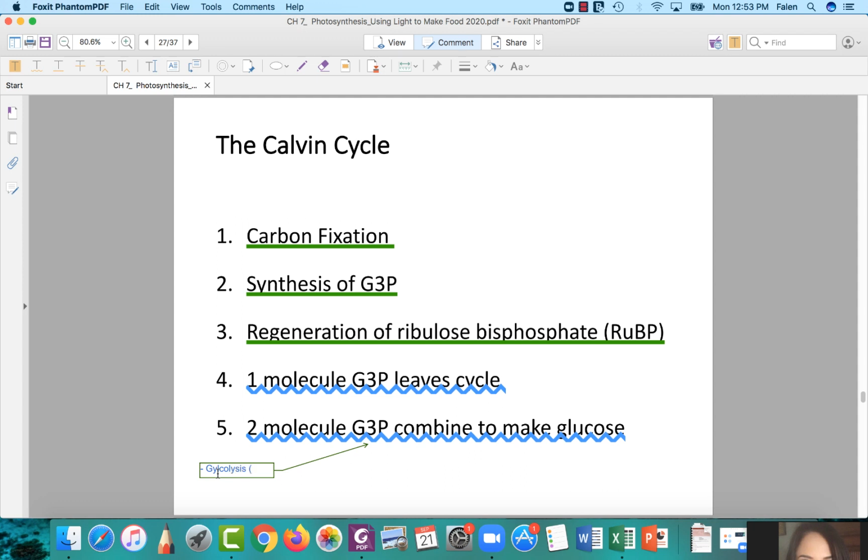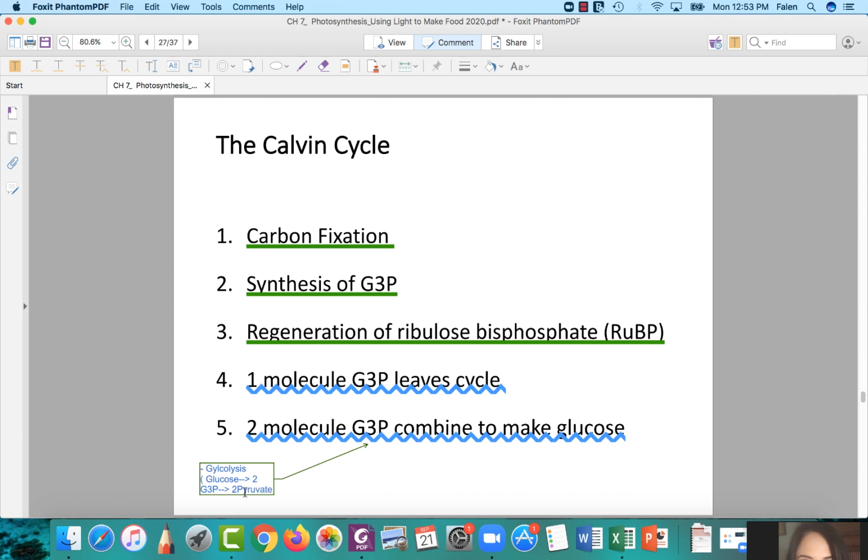Okay, we remember in glycolysis, the steps I taught you was glucose is broken down into temporarily G3P, which eventually becomes, really quick, this is 2 G3P, just so we're incredibly clear, which becomes 2 pyruvate.